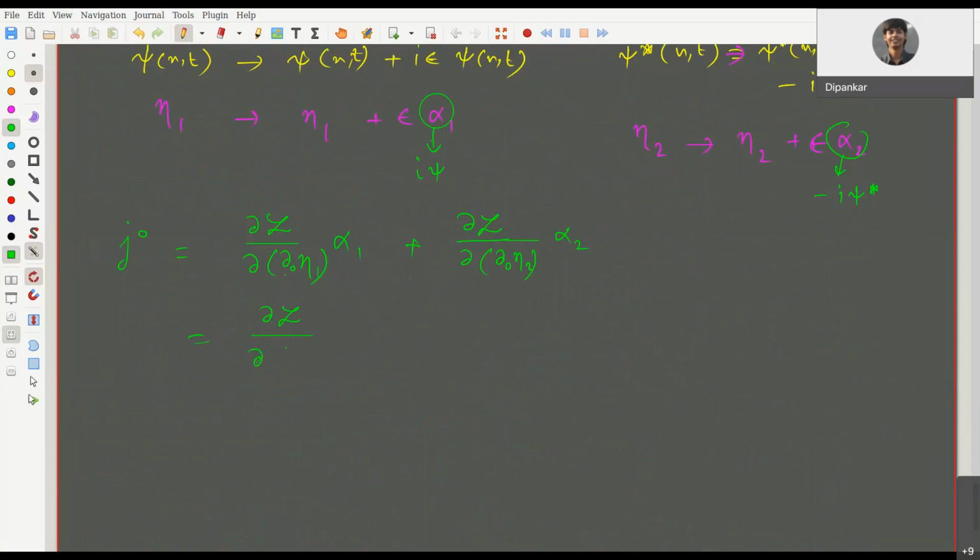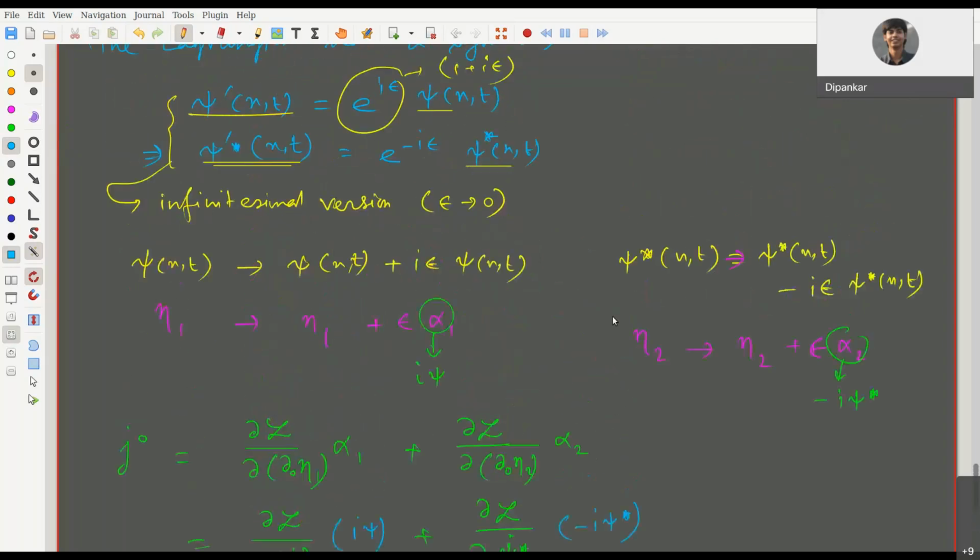That means eta 1 is psi, remember. So this is del L over del psi dot times alpha 1, and alpha 1 is i times psi. Plus del L over del of psi star dot, and alpha 2 is minus i psi star. That's it. Now I have to find this derivative.